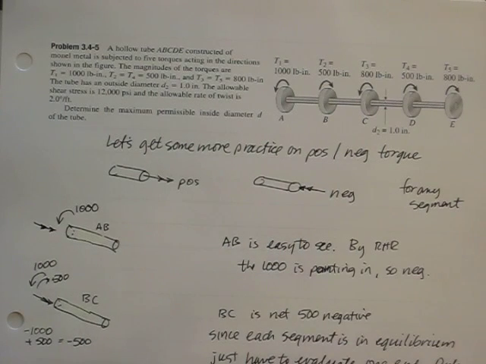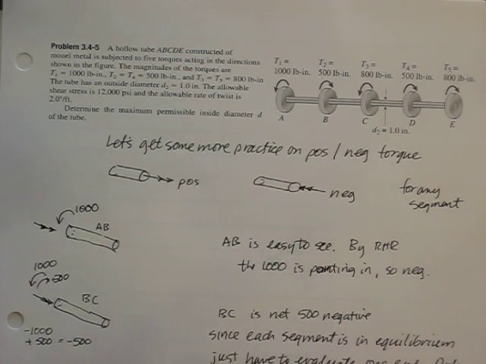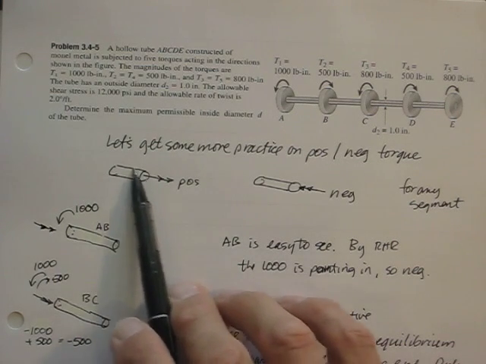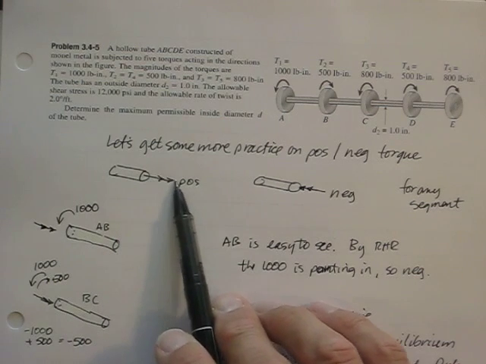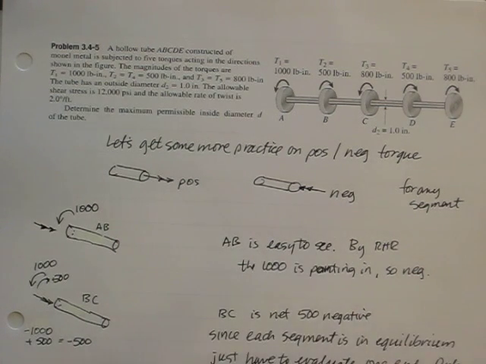This is like a gear shaft, and it's driving different things, and there may be some different resistances based on the things that it's driving. So we've got several different torques here, and we're just going to get some practice on positive and negative torque. Remember, for any section, if you're looking at it from this side, positive is coming out, or negative would be going in, depending on what the direction is.